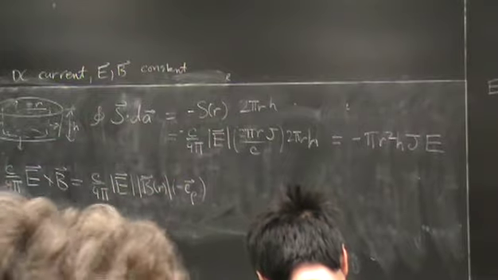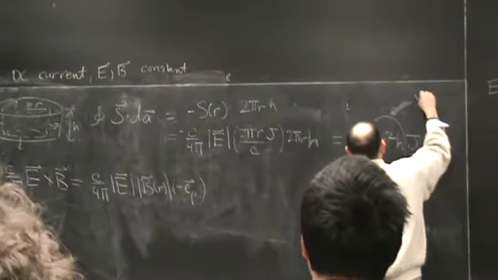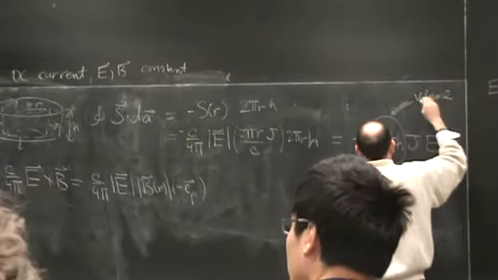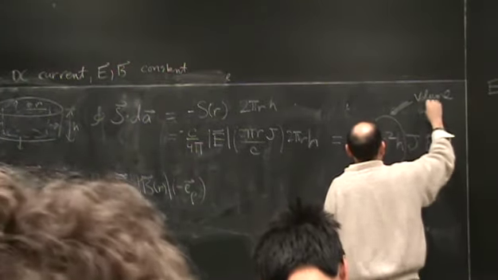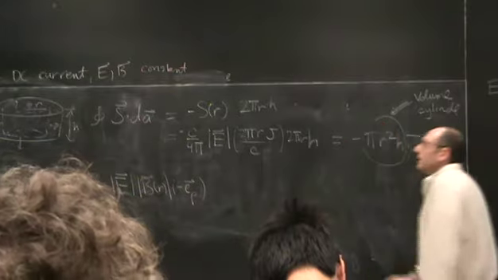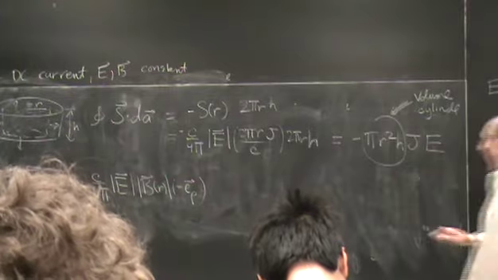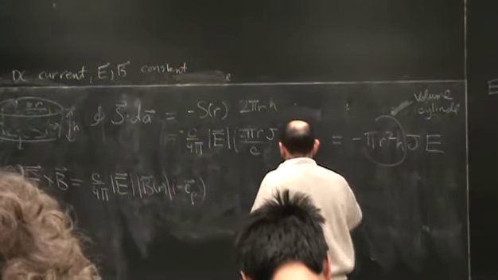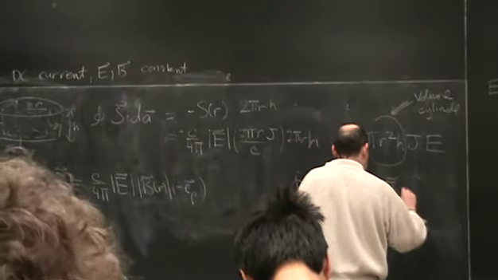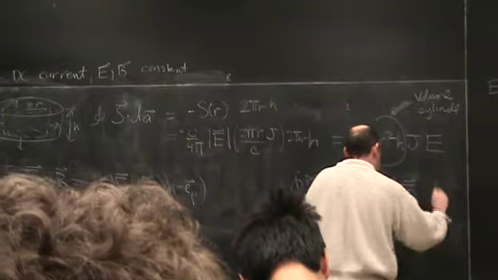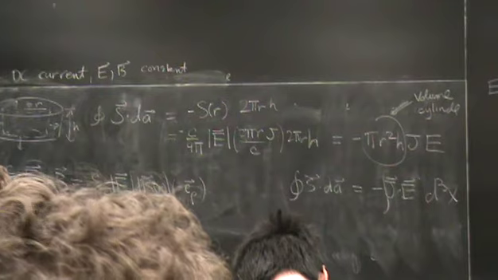Okay, which is equal to the volume of the cylinder times J dot E. So what we find in this case is, as expected, the flux of electromagnetic energy is what we said it should be.